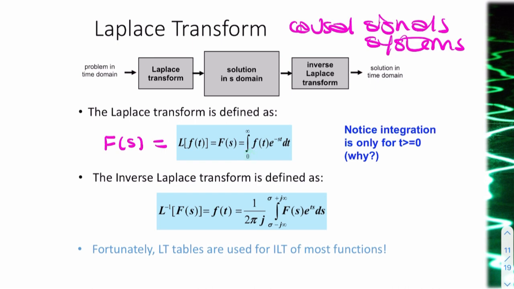We're only integrating from 0, because we're talking about systems which are causal. So they only respond from t equals 0. So therefore, it doesn't matter if the signal has a negative component, or if the signal exists in negative time. We will treat them as causal signals.